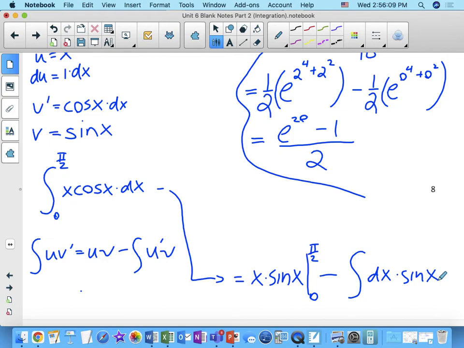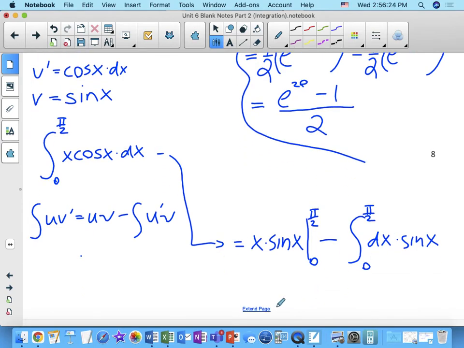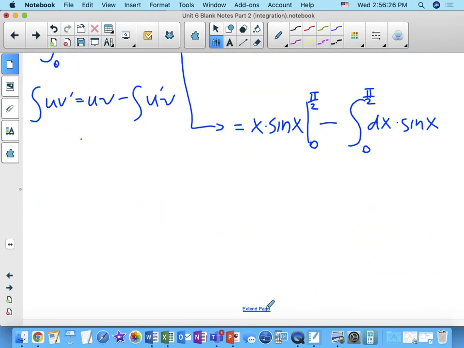And these also will have the same values. Okay. So I'm just going to leave this first part for now because we'll do all of the evaluating at the end.